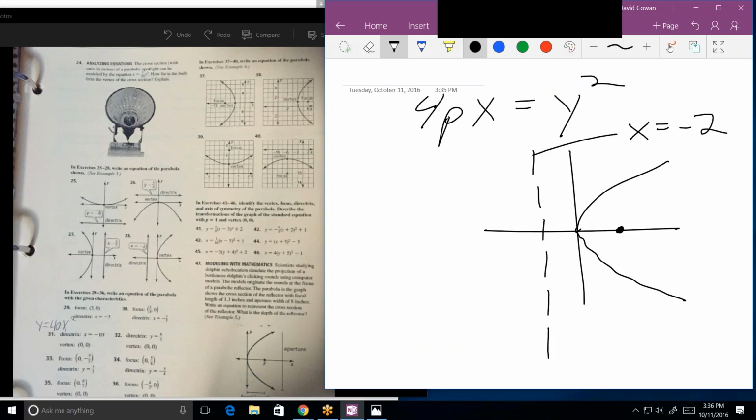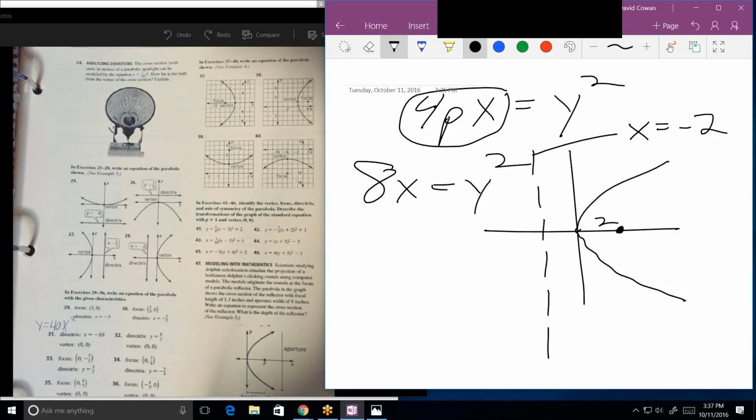P equals 2 then. Okay, and what's the equation that they're looking for? Plug in 2 for p. Start your answer that way. 4 times 2 times x equals y squared. That's the answer.